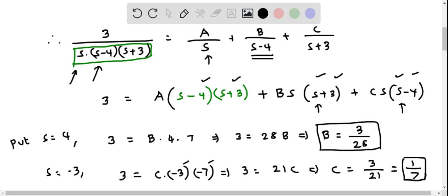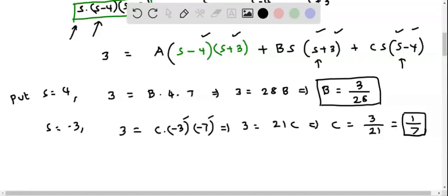Now let's put s equal to 0 into this equation. When we do that, this term will become 0. Also, this term will also become 0. So on the left side, we will have 3. And this equals A times, we put s equal to 0 here, so it is negative 4.